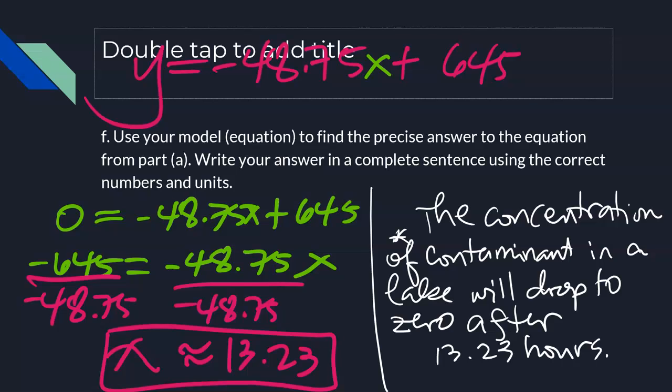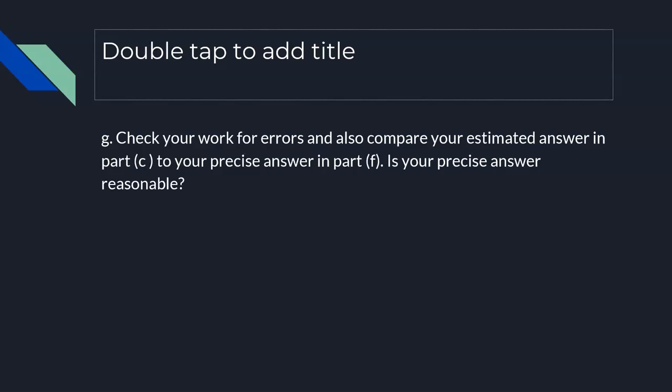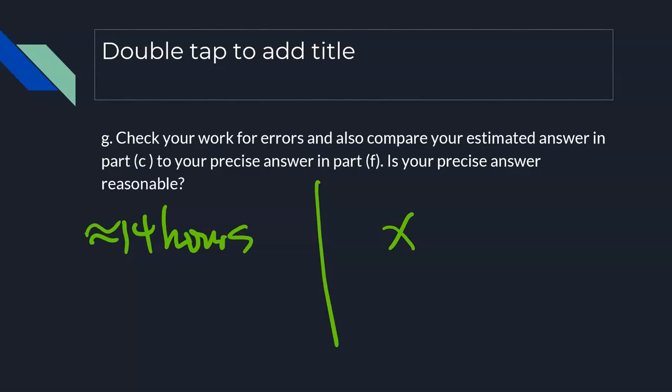So that means the concentration of contaminant in the lake will drop to 0 after 13.23 hours. We estimated earlier it was approximately 14 hours, and we got the exact answer as 13.23 hours.